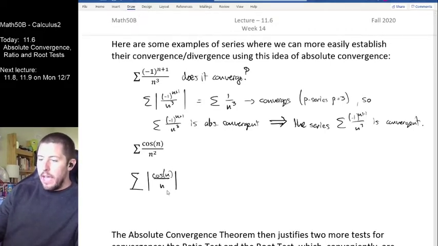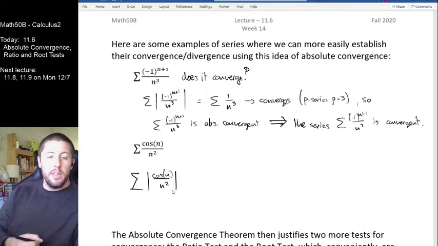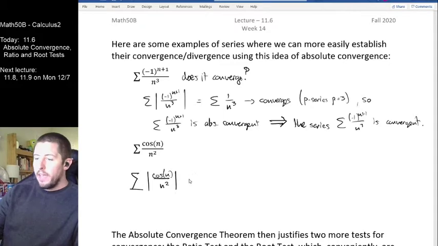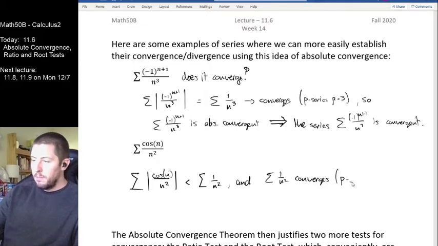Therefore, in absolute value, it's only taking on values between 0 and 1. So I can say that this is less than the sum of 1 over n squared, and the sum of 1 over n squared converges. It's a p-series, p equals 2.